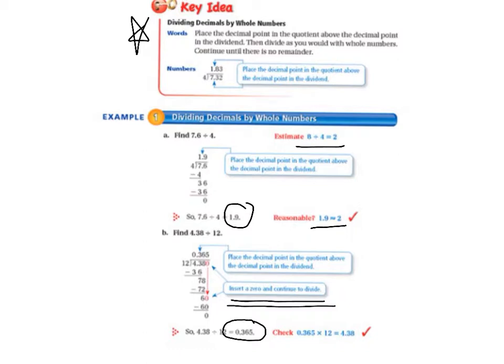So you multiply the answer you got, 365 thousandths, by what you were dividing by, 12, and you see if you got your dividend. So 4 and 38 hundredths, and we did. So we know that we did our work correctly. This is why you should never have an incorrect answer to a division problem.